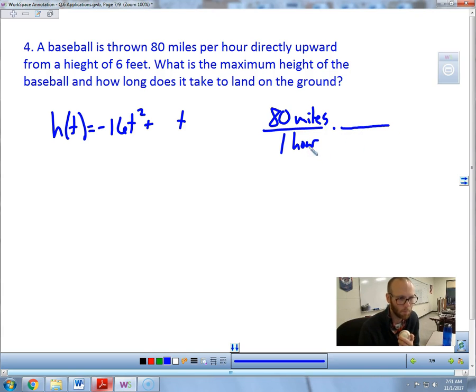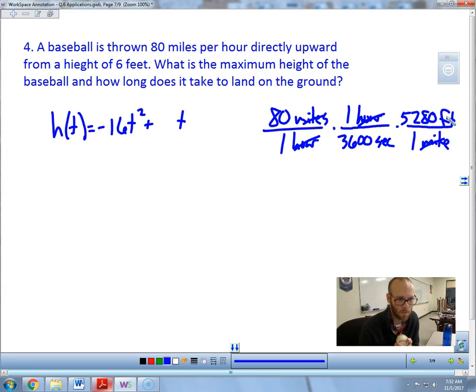A little computation. If I change hours into seconds, I know my hours need to cancel, so I'll put 1 hour up there. 1 hour is 3,600 seconds, right? 60 times 60. Those cancel. Now I'm going to change miles into feet. I need miles to cancel, so I'm going to put 1 mile down here. I know that's 5,280 feet. Miles cancel.